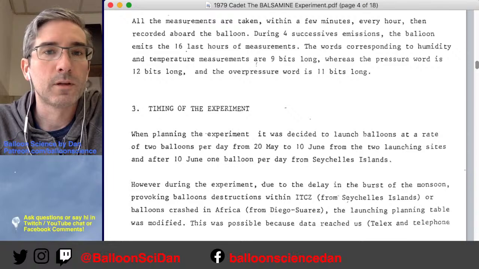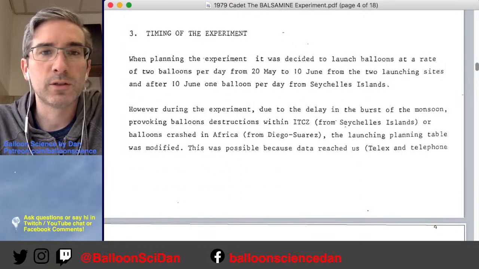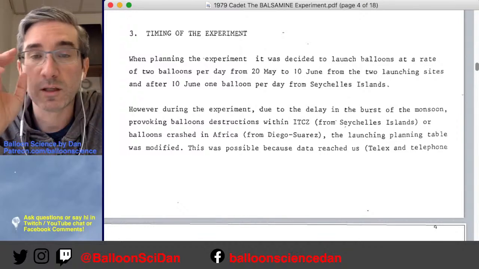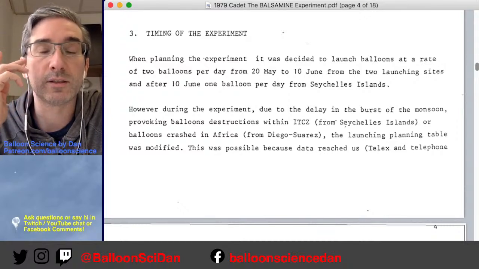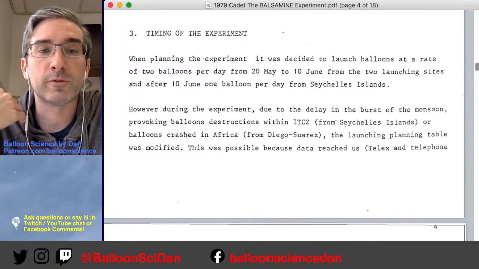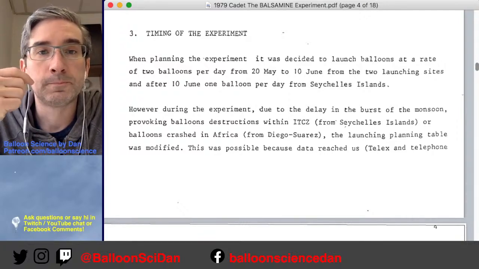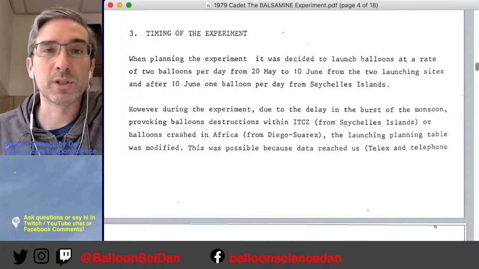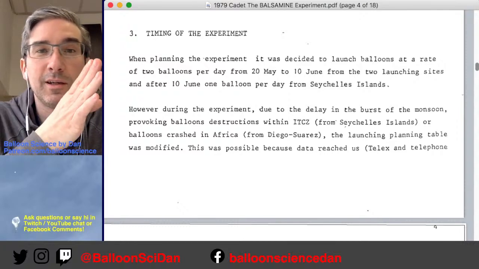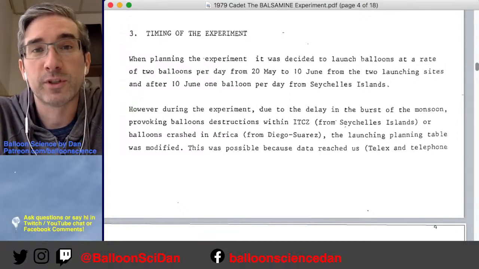Timing of the experiment. When planning the experiment, it was decided to launch balloons at a rate of 2 balloons per day. Oh wait, let me step back a second, because it's very likely these balloons were not sending temperature, they were not sending humidity. There were no computers on board whatsoever here. This was straight analog, like voltage readings from temperature sensors and humidity sensors. And what this was probably doing was simply digitizing the range of voltage that the sensor could output and just transmitting the voltage itself.